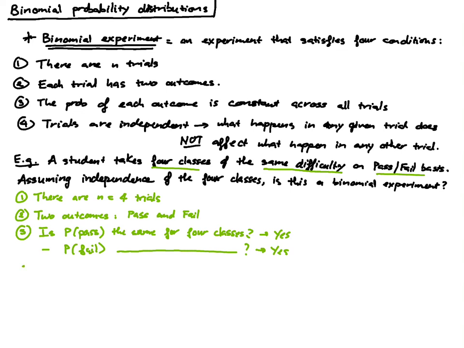And then we need the trials to be independent, which is one of the assumptions. So we have independent trials. And so because all four conditions are met, we do have a binomial experiment in this example.